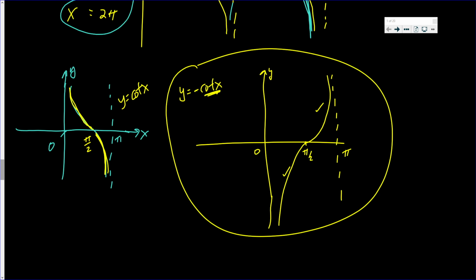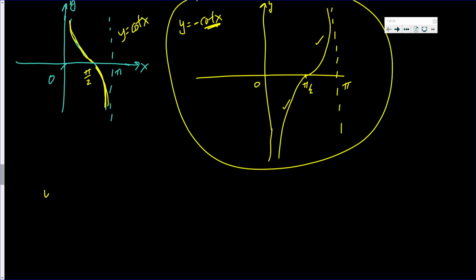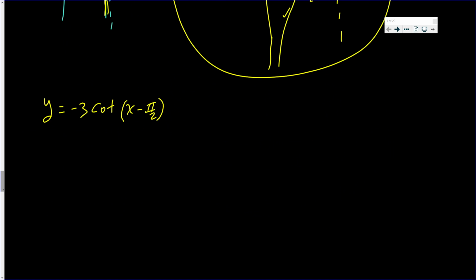That's negative cotangent x. So if you were asked to graph y is equal to negative 3 cotangent of x minus pi over 2, well, the cotangent starts when that angle is 0. If you subtract two things and you get 0, that's because the two quantities were the same.